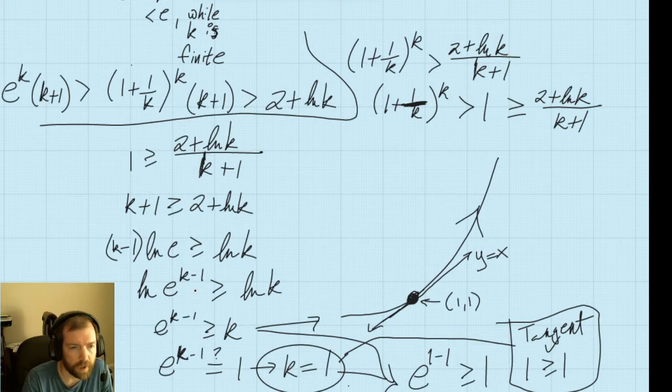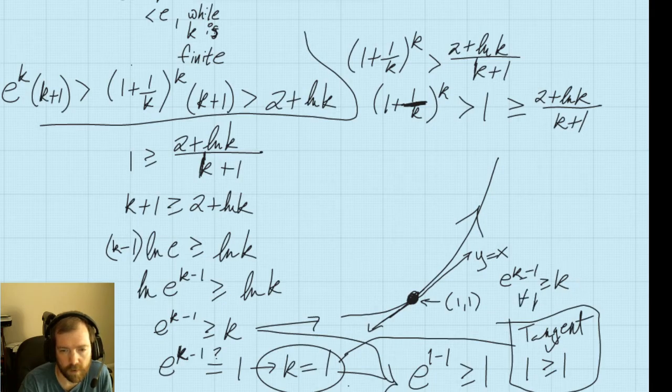So we want to know when the e to the k minus 1 is going to be greater than or equal to k. It is all real numbers. So e to the k minus 1 is greater than or equal to k for all k in the reals.